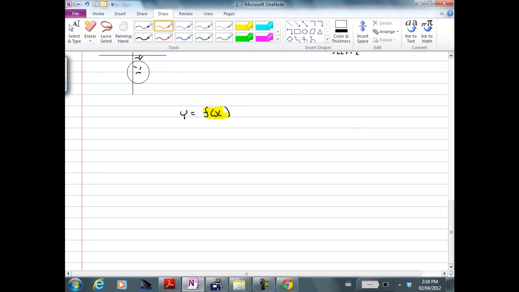This is just saying y is f of x. It's some function. We don't know what it is. If you don't use x, you can use A, B, C, any letter you like. This is something called the original. It means any function. It could be anything you want.